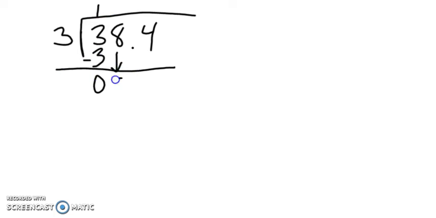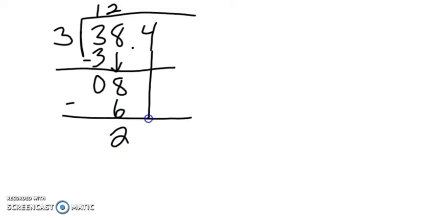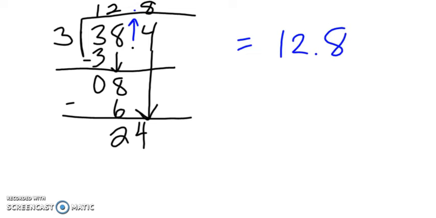I bring down my 8. 3 can go into 8 2 times. 2 times 3 is 6. I subtract again, I get 2. I bring down my 4. And 3 can go into 24 8 times. So 3 times 8 is 24. My decimal goes straight up. So my answer would be 12 8/10.